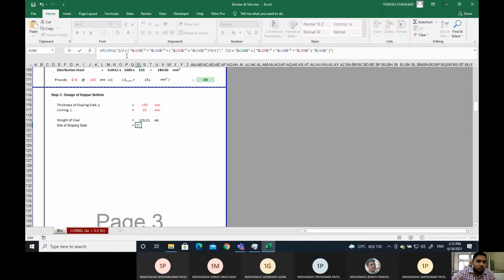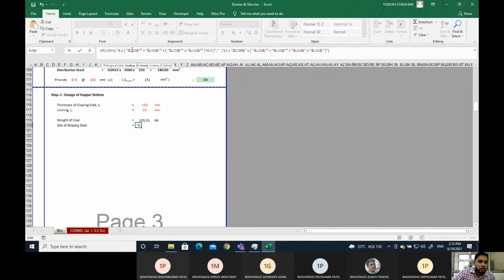So here it will be 4 times. Why 4? Because there will be 4 walls. So if it is pyramidal, then there will be 4 walls.